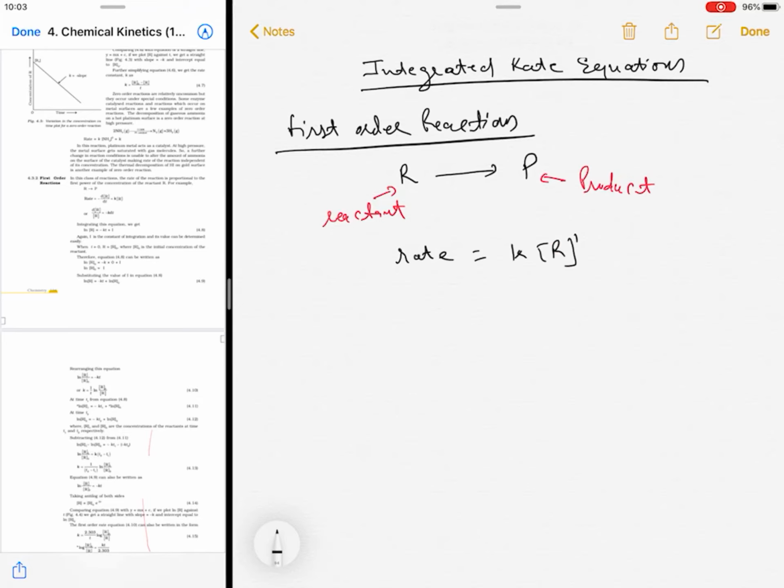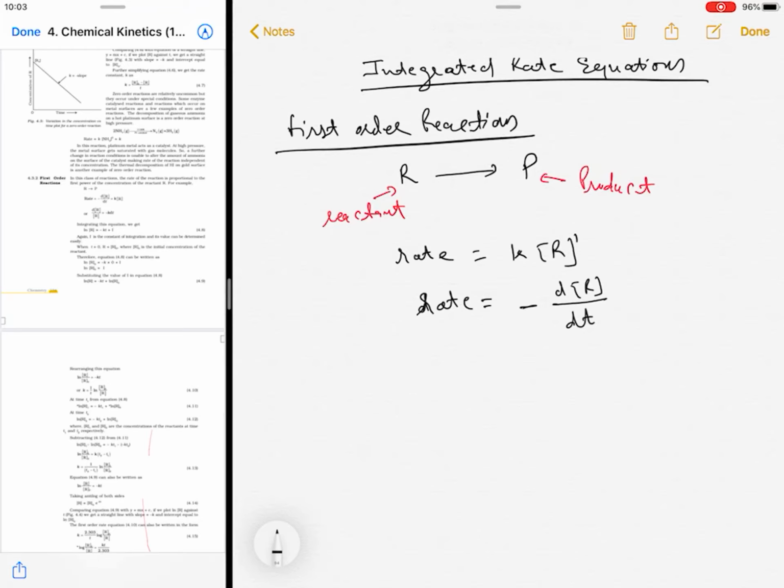Now the rate of this reaction can also be expressed in differential form, and in differential form it is written as rate equals minus d[R] upon dt. The negative sign shows that the concentration of reactants is decreasing.